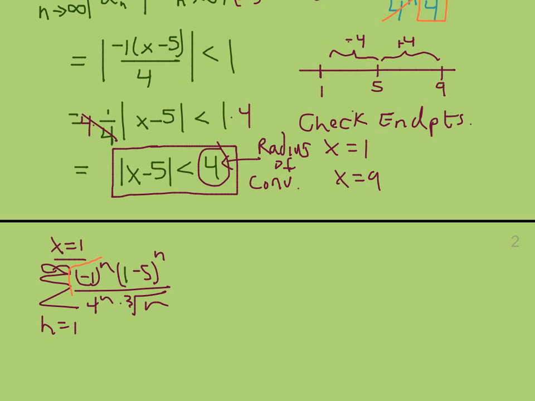All of these to the n terms can be put together. 1 minus 5 is a negative 4. And so we have a negative 1 and a negative 4 all over a 4, and the whole thing is to the n.